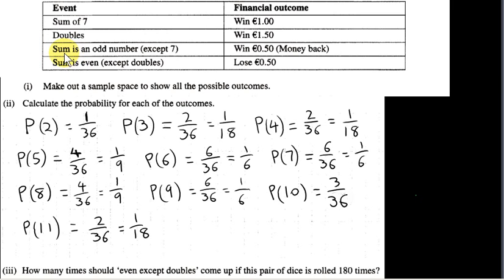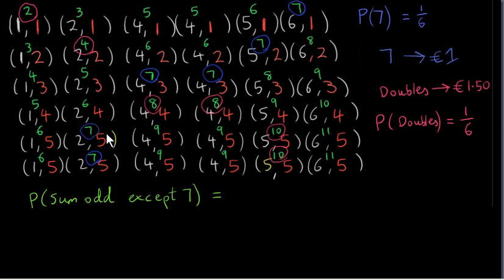The next event is where the sum is an odd number, except 7. So let's count up those events. We want the sum to be an odd number, but not 7.